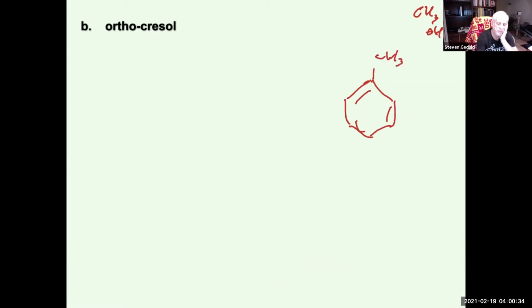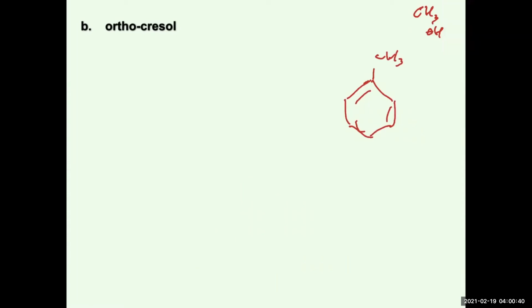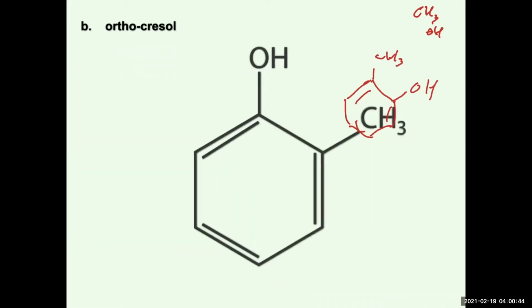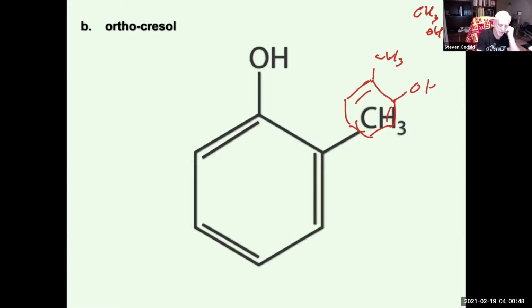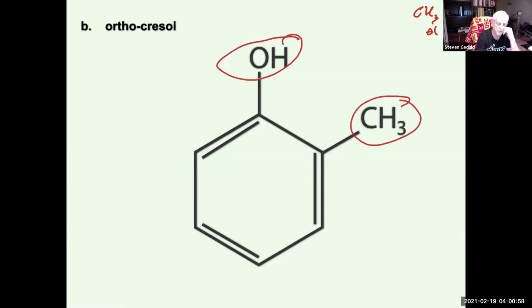Ortho means what? 1,2, 1,3, or 1,4? 1,2. Okay. So an OH group and a methyl group. That's cresol. And the ortho position is 1,2.